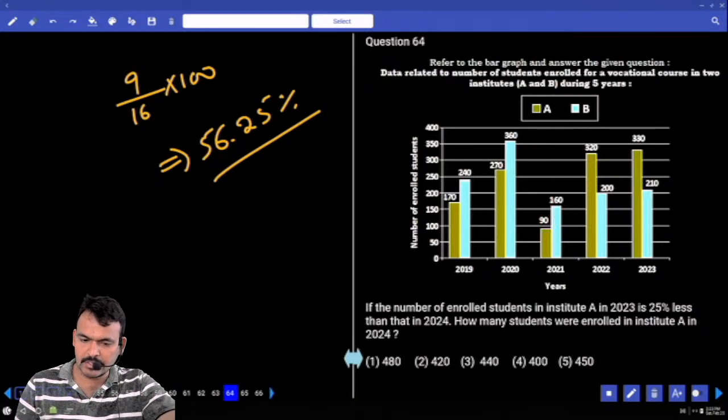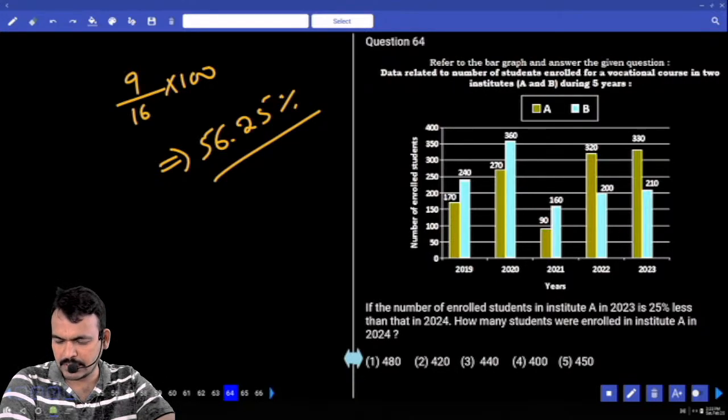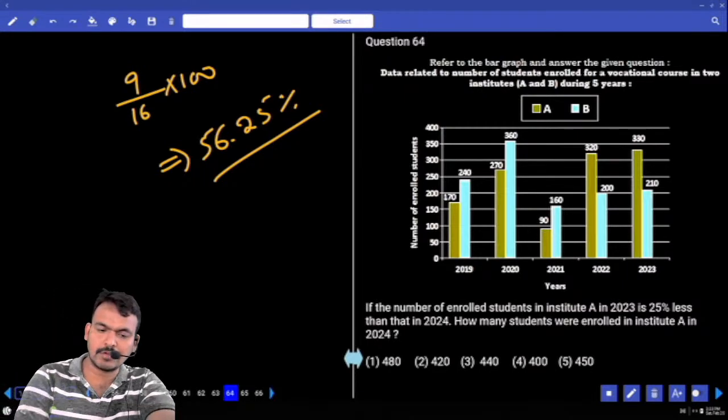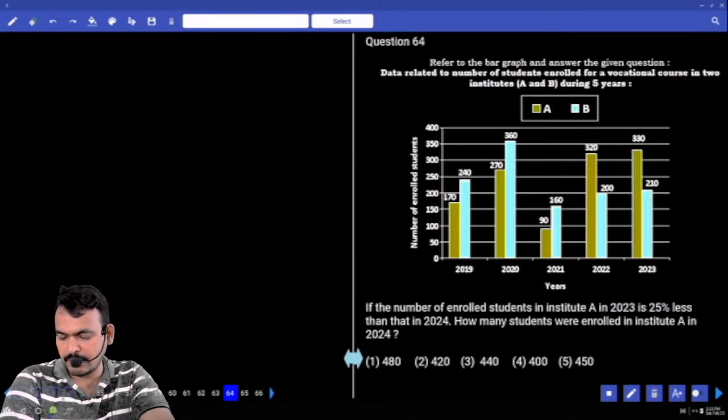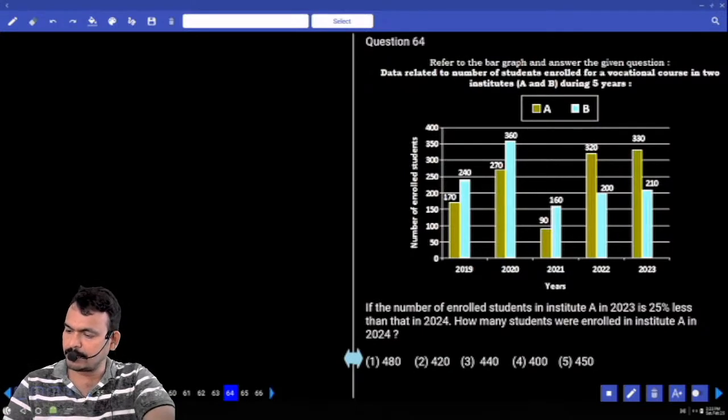Next question number 64. If the number of enrolled students in Institute A in 2023 is 25% less than in 2024, how many students were enrolled in Institute A in 2024? The 2023 value compared to the 2024 value is 25% lesser. What is A in 2023? 330.